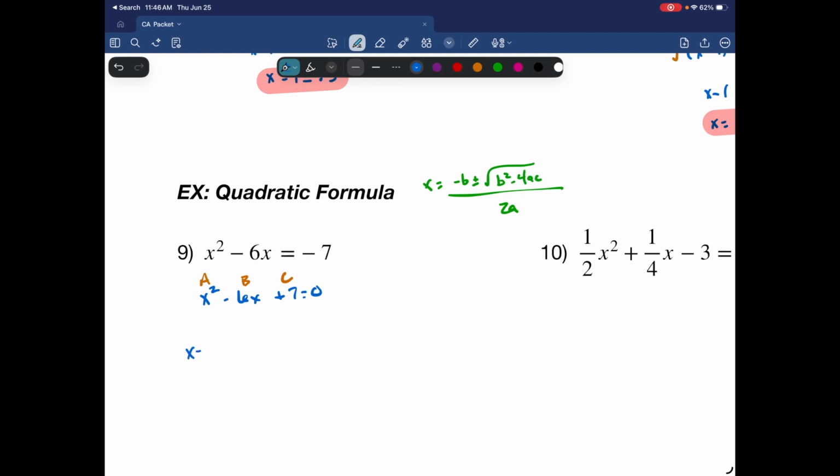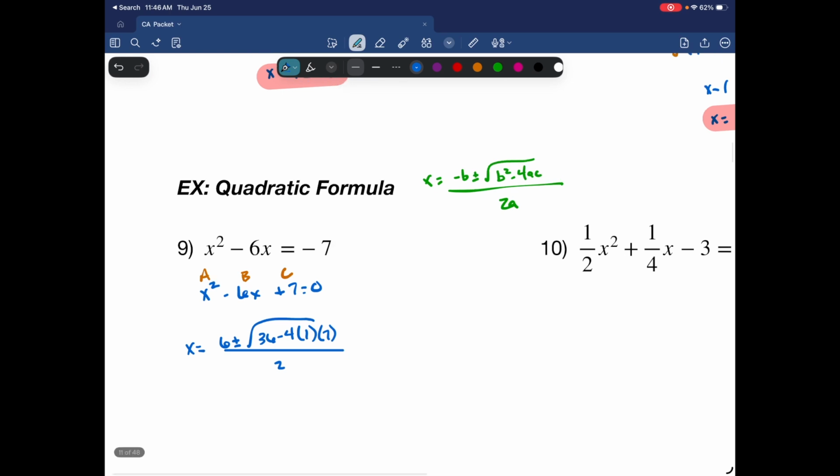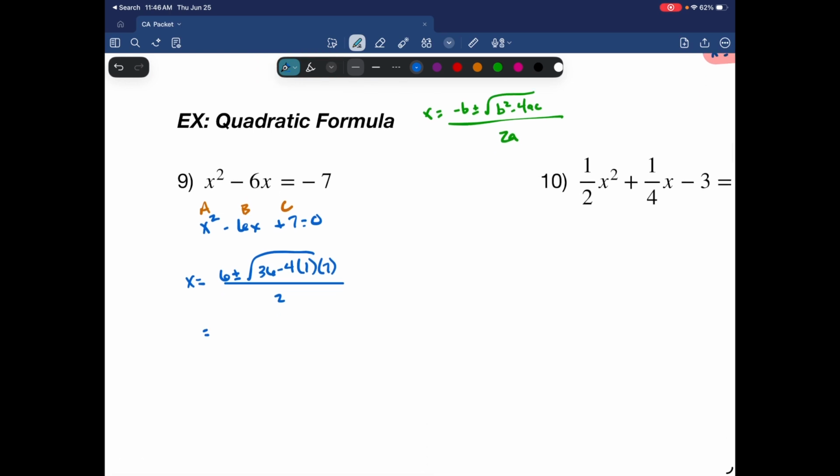So x equals opposite b, so negative 6 is going to be positive 6 plus or minus square root b squared, that's 36, minus 4 times 1 times 7, all over 2a. A is 1, so it's just 2. All right, so 6 plus or minus, 4 times 7 is 28, 36 minus 28 is 8.